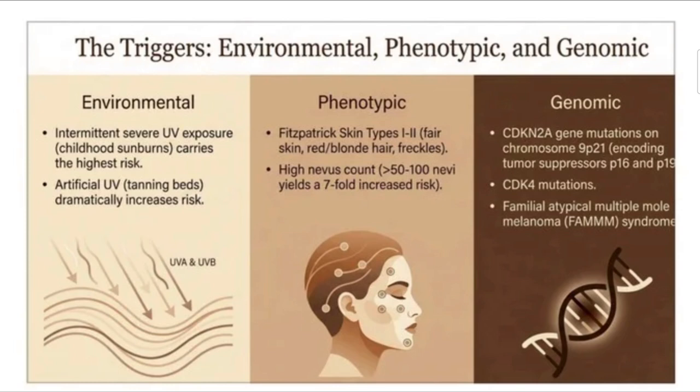Then there is artificial UV light from tanning beds, which also increases the risk. Both UVA and UVB rays damage the DNA of melanocytes, pigment producing cells, which can lead to cancer. So in a simple way, we can say that too much UV radiation leads to DNA damage and it causes melanoma.